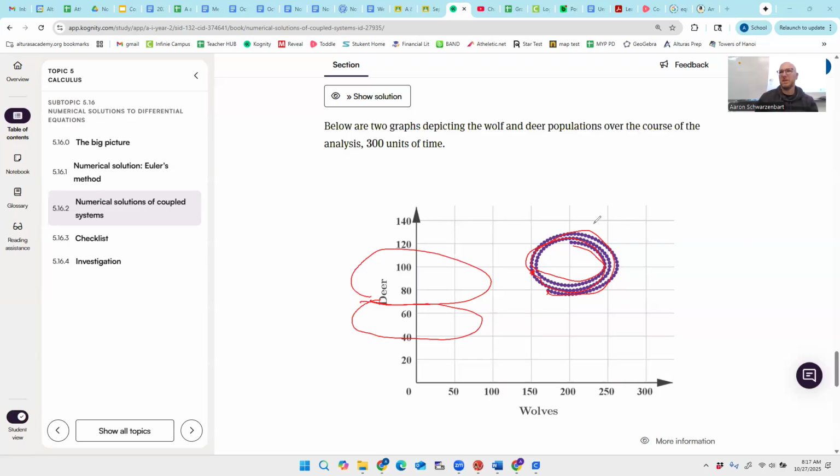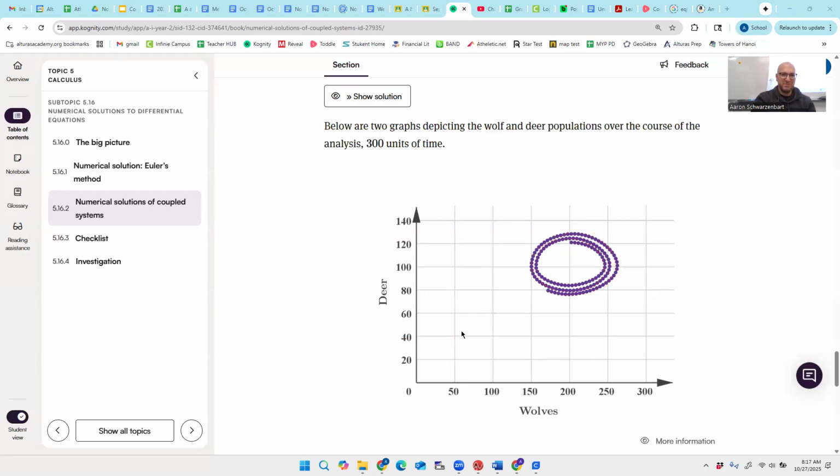It's a cycle. As the wolf population goes up, the deer population goes down. As the deer population goes down, the wolf population goes down. As the wolf population goes down, the deer population begins to recover and go back up, which leads to an increase in wolf population. That makes sense? So we get these kinds of cycles.